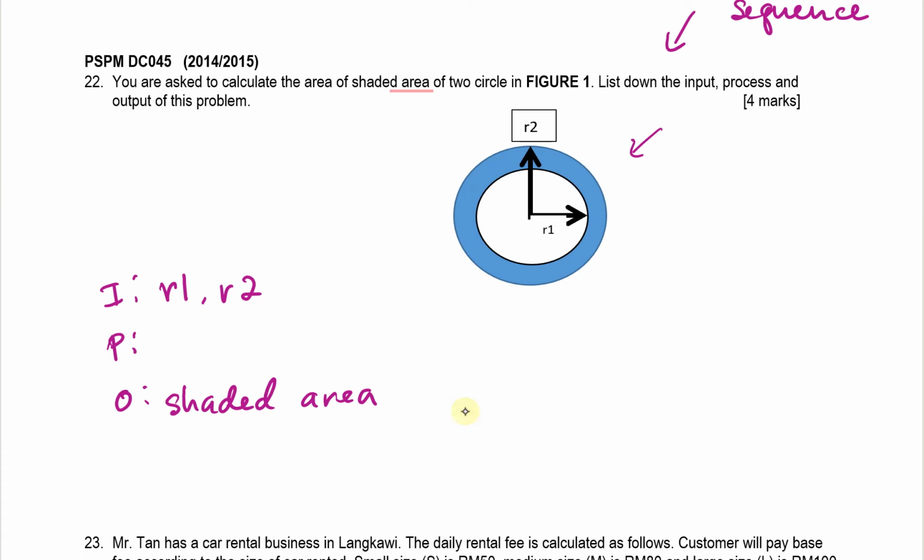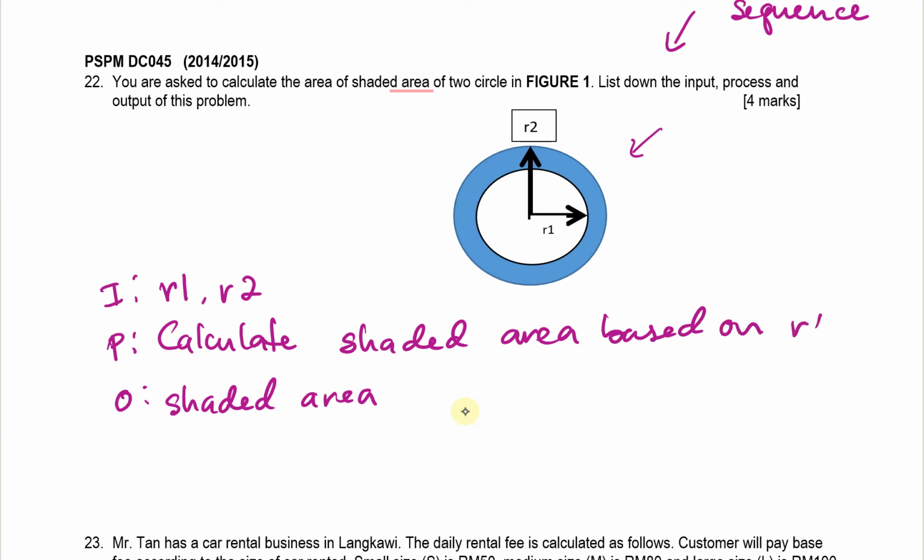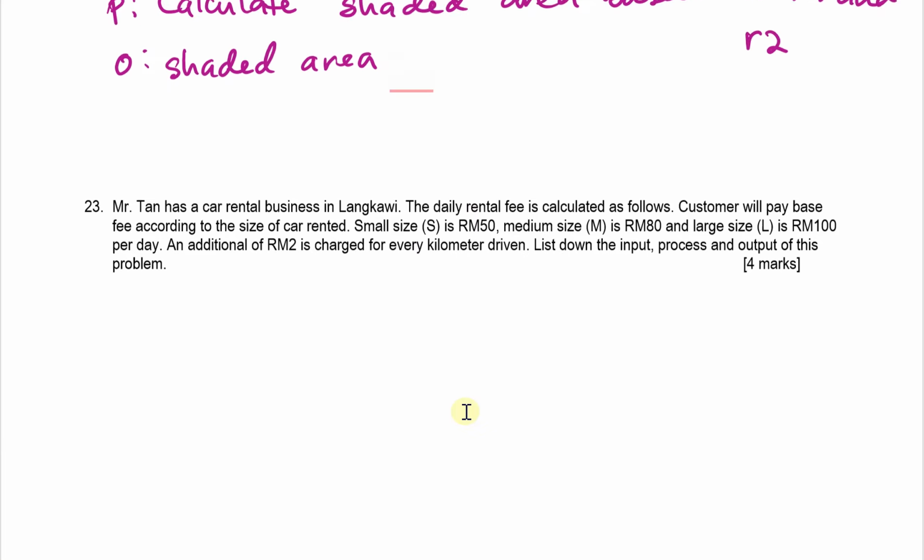So what are you going to calculate? Calculate shaded area, based on what? Based on your input, R1 and R2. Okay, that's all for question number 22.